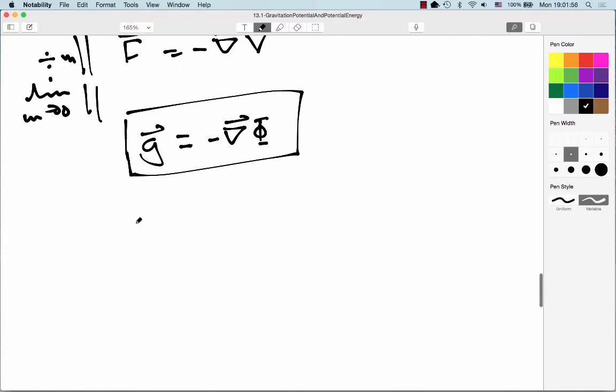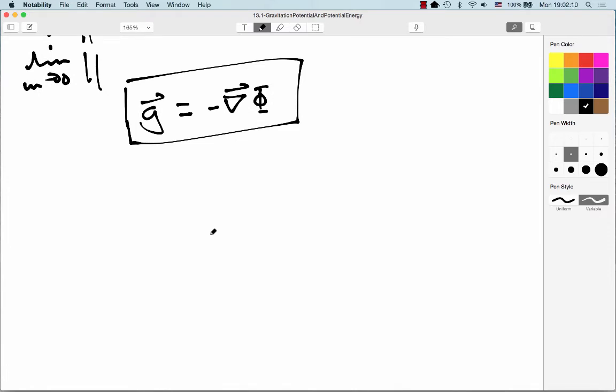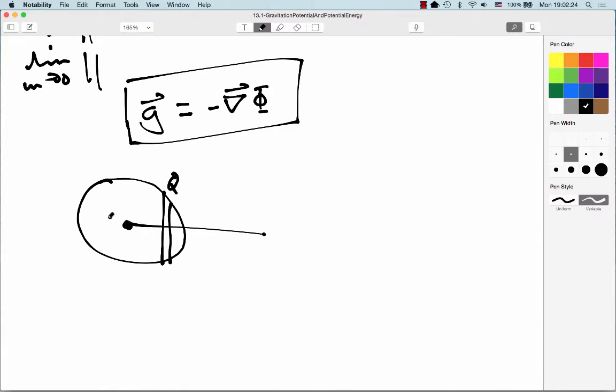Another thing where it's helpful, though, is that we can revisit the Shell Theorem and we'll find that it's easier to do because, since phi is a scalar, the math is a lot easier. So you remember the Shell Theorem from a couple of videos ago. I'm just redrawing the essential bits of it right here. So that's O, P, that's Q there.